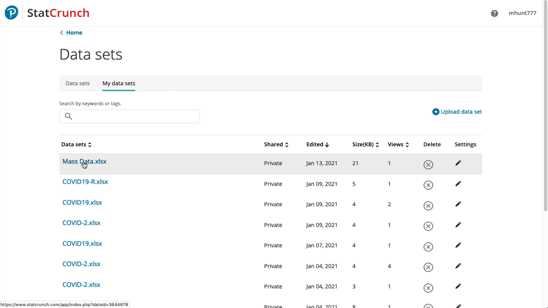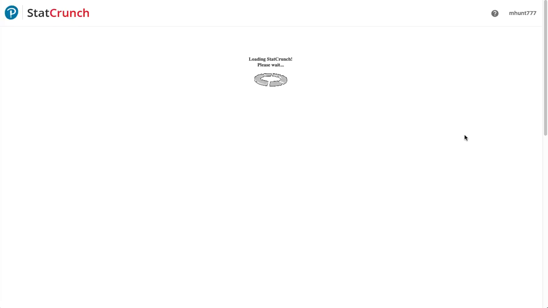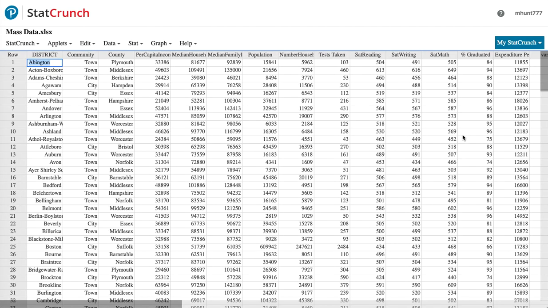The COVID-19 file is for your assignment. So Assignment 2 is all about correlation, regression, scatter plots, and interpreting them. So my demo is going to examine the relationship between median family income and math SAT scores.